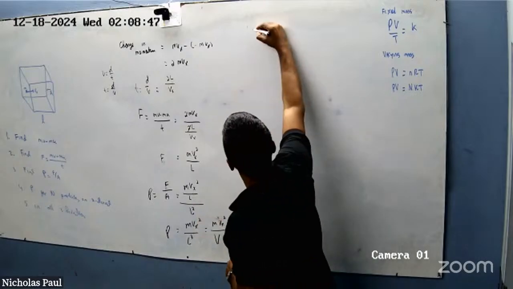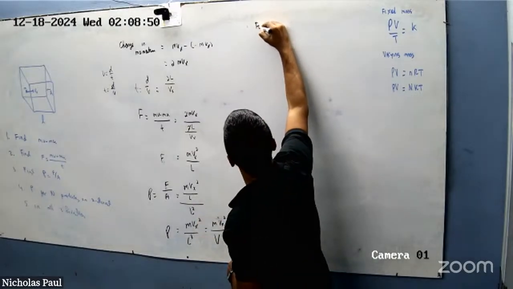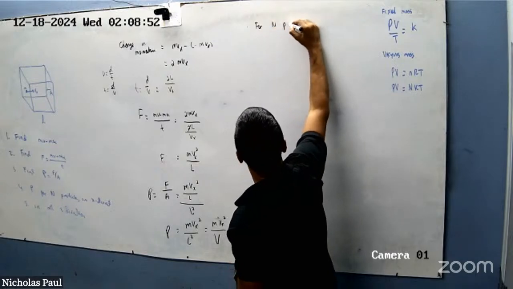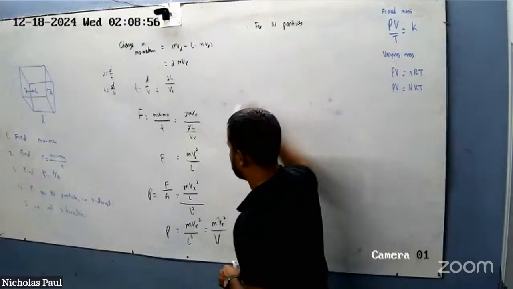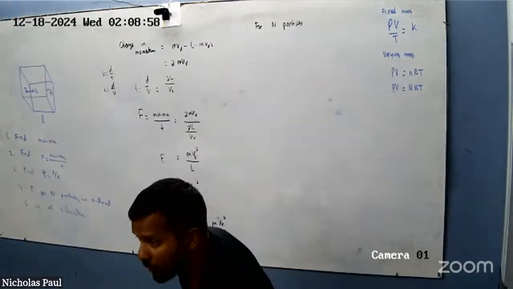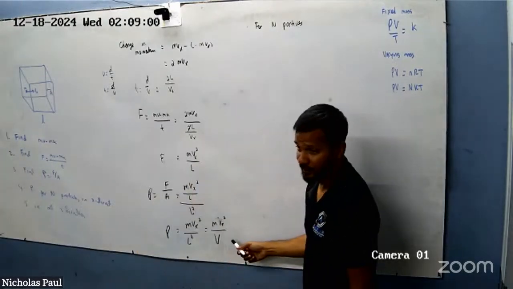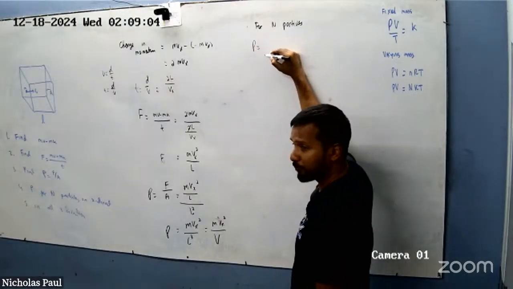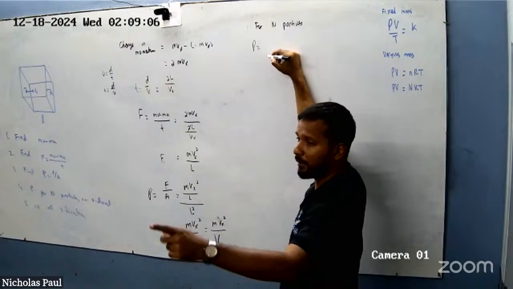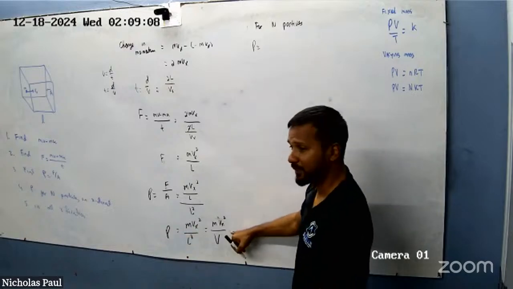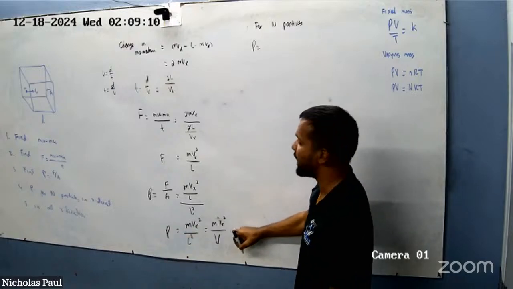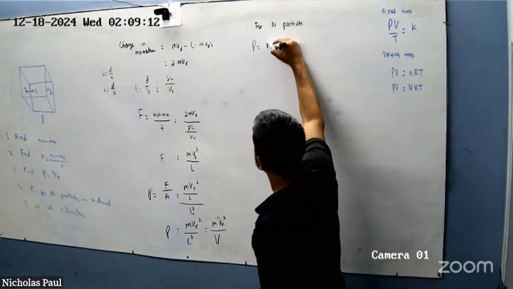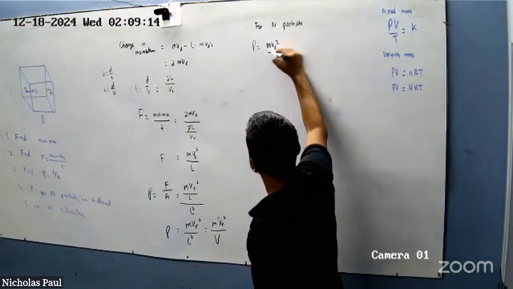How do I get now the pressure exerted by n particles? This is one particle. It's not just n times this, so it's something I have to do. The first particle is this.